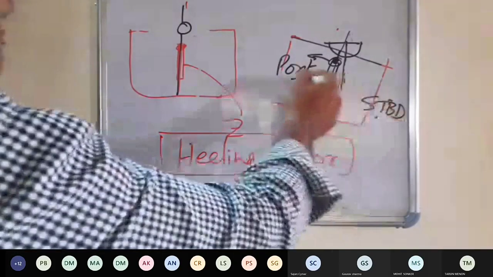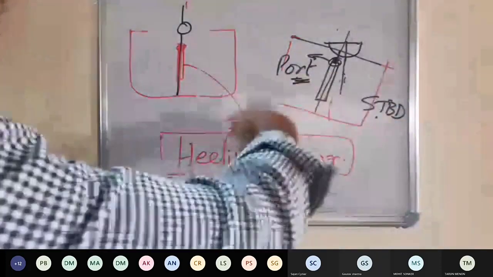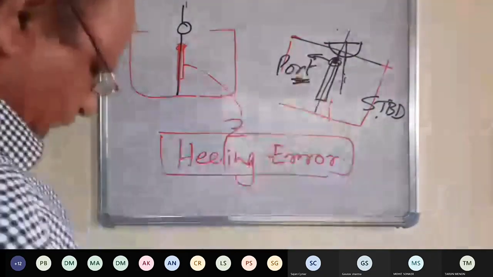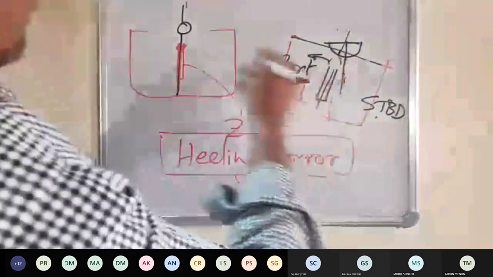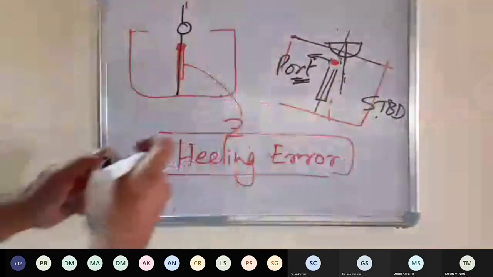So starboard हील में पोर्ट की तरफ शिफ्ट होगा और पोर्ट हील में starboard की तरफ rod shift हो जाएगा. And you can understand what is the situation. Let us say that this end was like this.